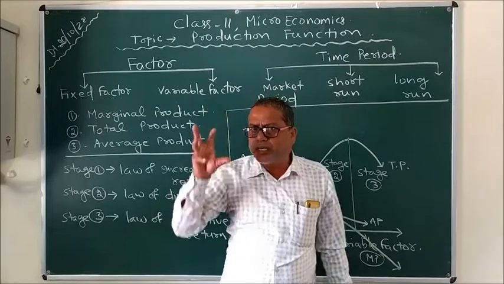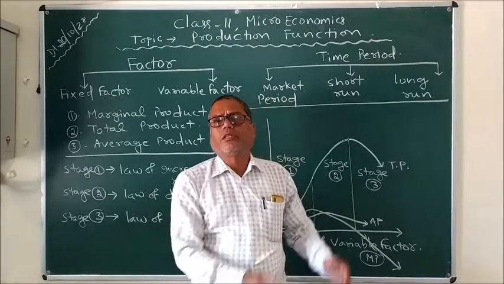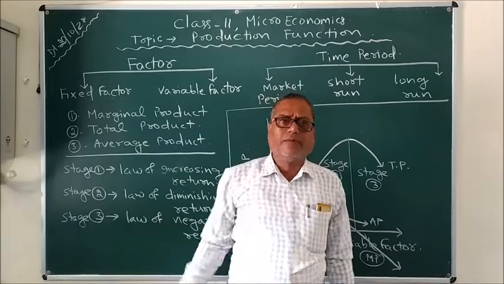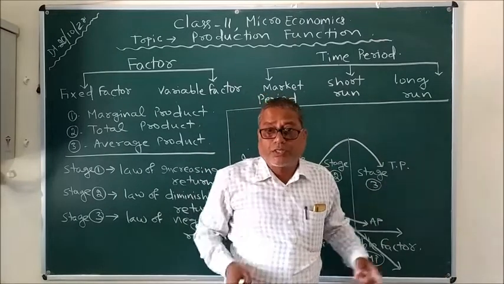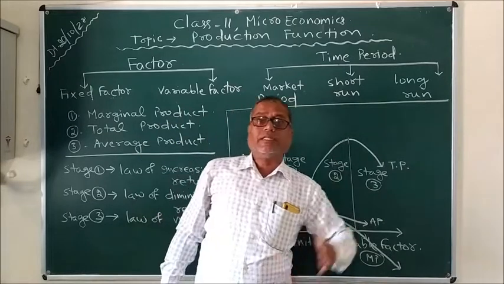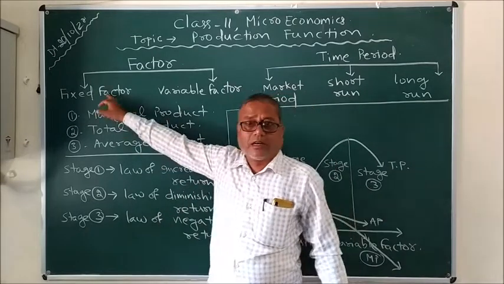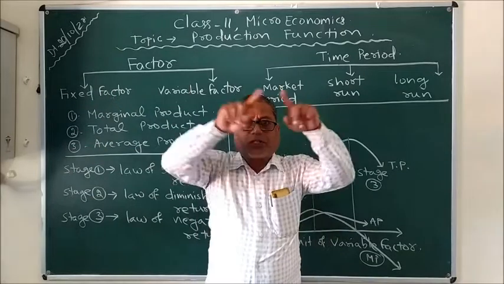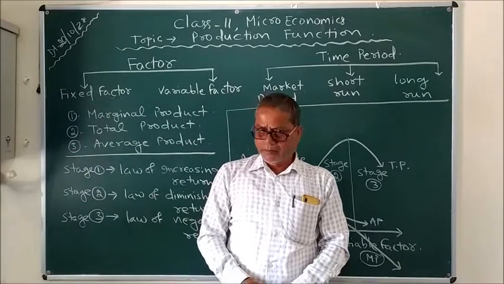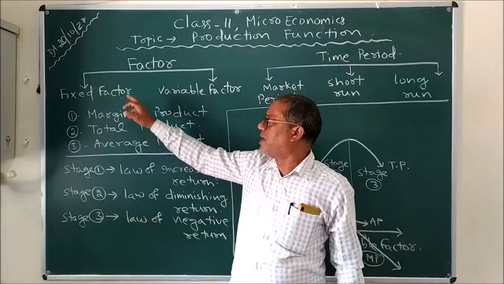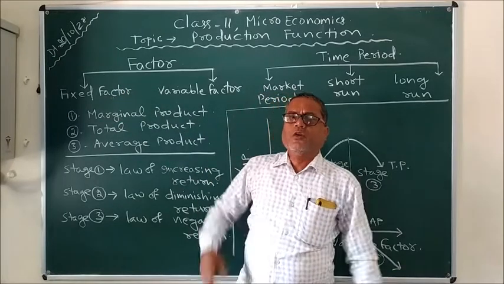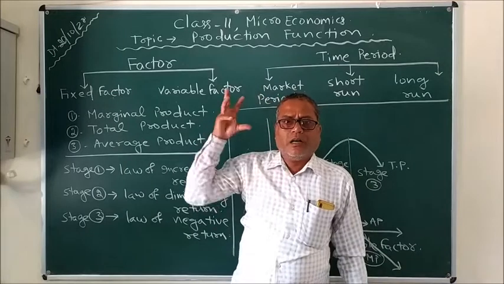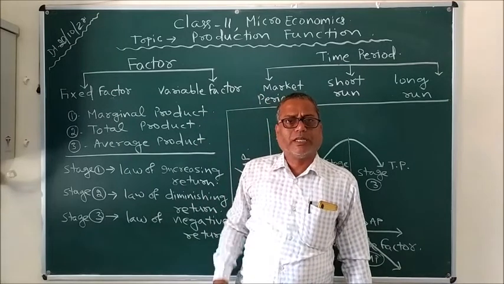The less fertilizer we use, the total production will be less, and the more fertilizer we use, the total production will be more. Thus, in order to increase the level of production, we cannot increase the size of the land where we are doing the cultivation. That's why land is a fixed factor, and in order to increase production, we can increase the dose of fertilizer that we are using.